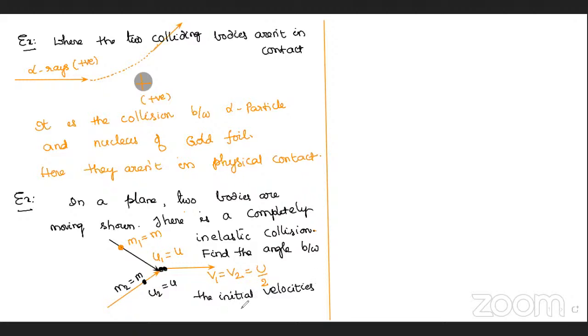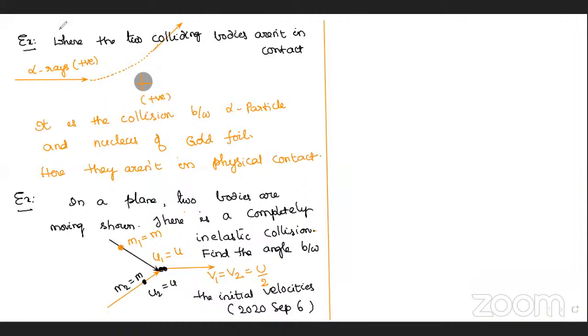Given in 2020 September 6th, first batch, morning shift. Here, inelastic means we have only one equation in our hand now. Keep in mind. So what do you apply here?